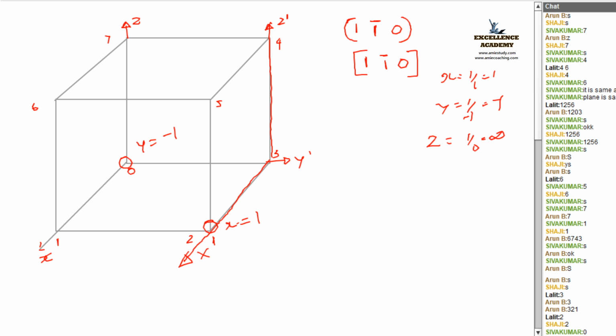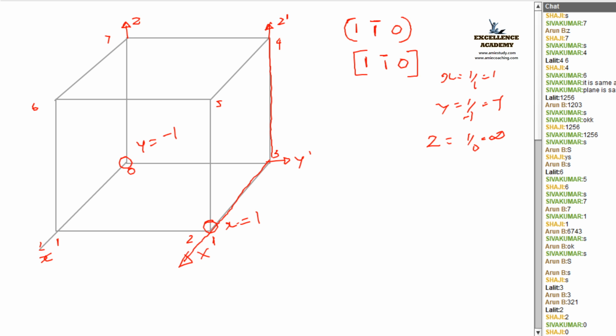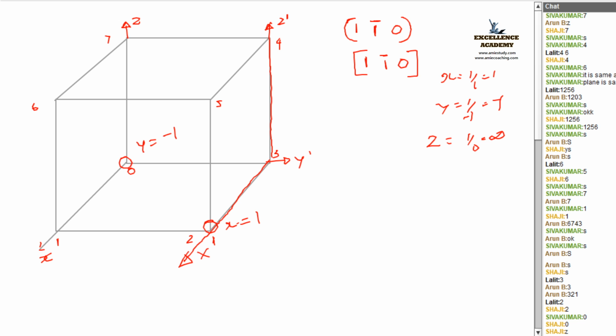Then what is the next step? You have one infinity, that is the z axis. From the obtained points, you have to draw lines parallel to which axis? You have to draw a line parallel to the z axis, right? Draw a line parallel to the z axis from 1. Where will you reach?